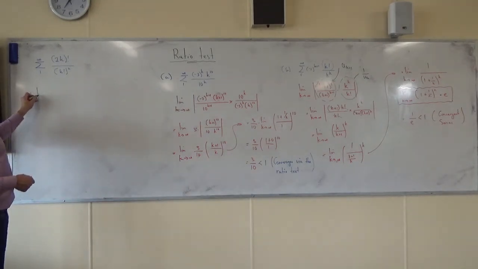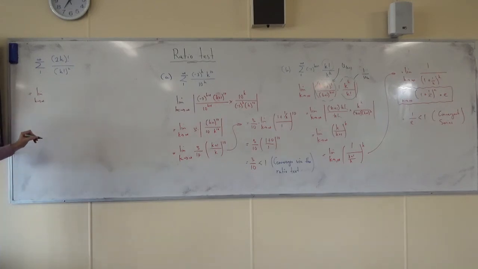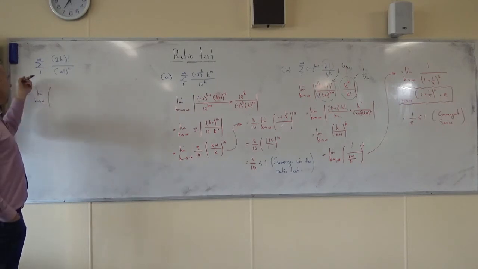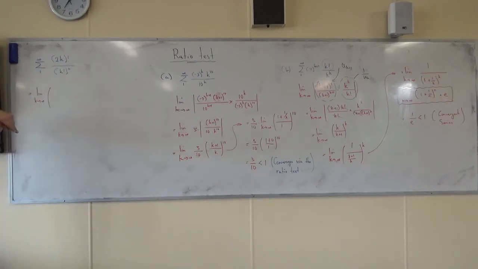So here we go. The limit, last one, as k approaches infinity of, here we go. Now, I don't have to worry about absolute value. Everything is already positive. But yes, I should apply the absolute value.